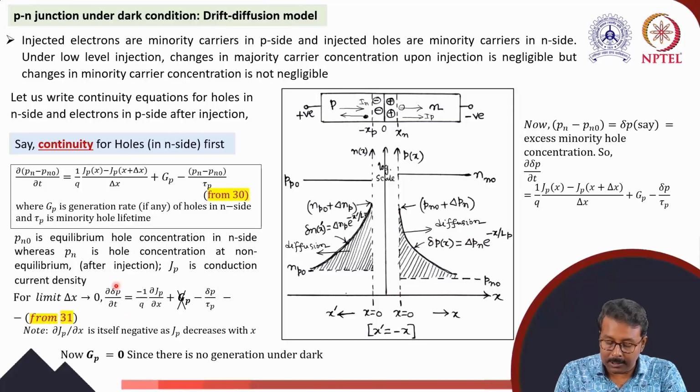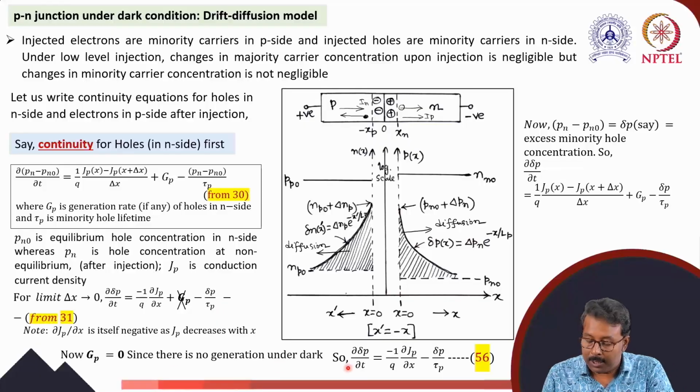So considering the steady state and generation rate 0, we can write equation number 31. From 31 we have derived this. So let us write this equation in this way: del delta p by del t is equal to minus 1 by q del Jp by del x minus delta p by tau. We say this is equation number 56. This formation of equation is important.